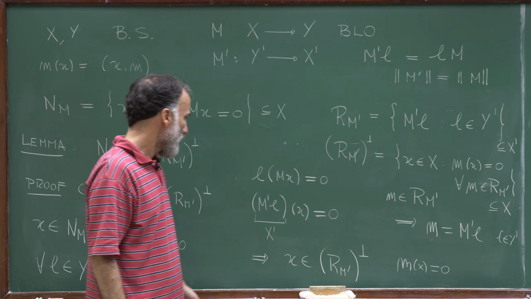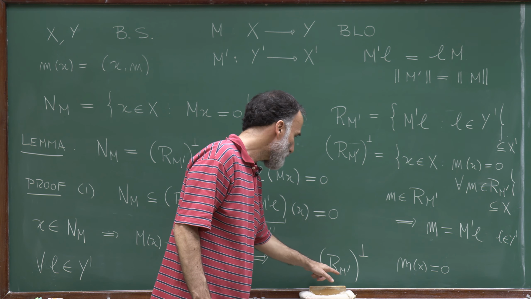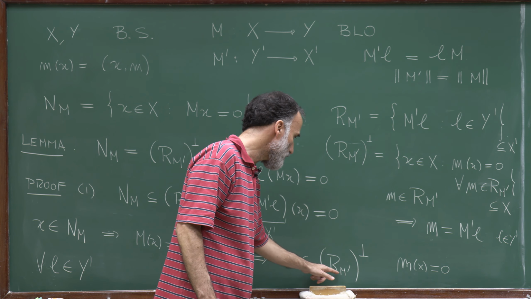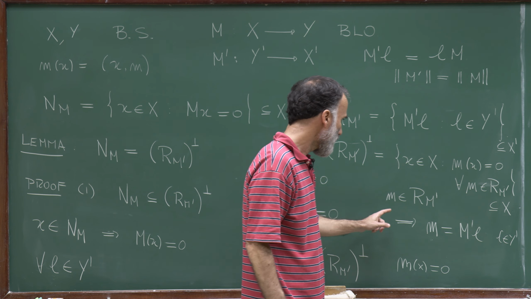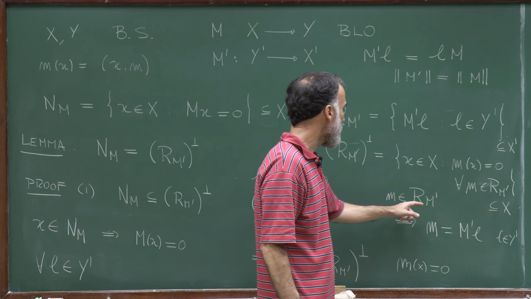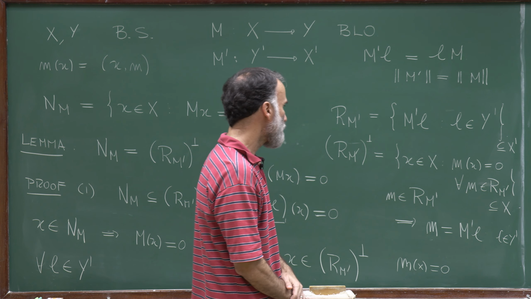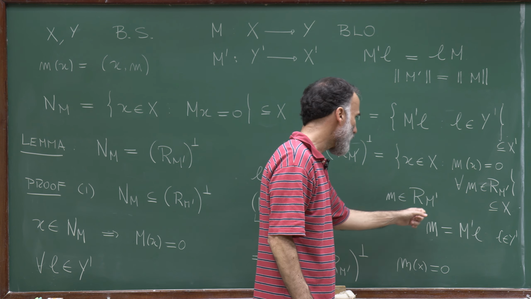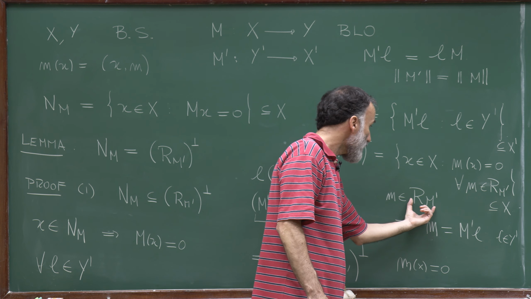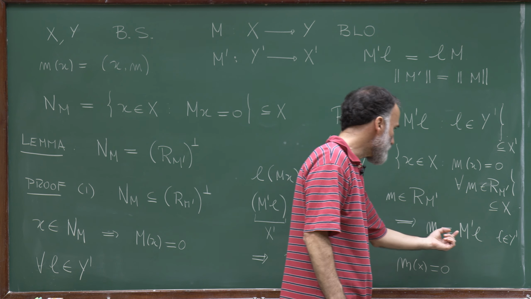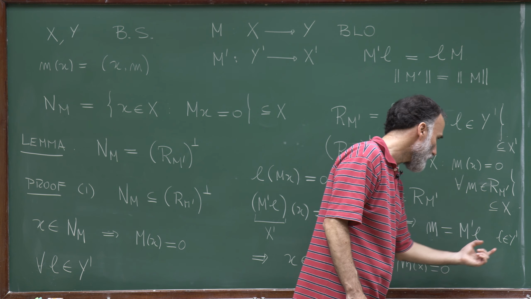Why is that true? To prove that X belongs to the perp of the range of M prime, I have to show that for all M in Rm prime, M of X is equal to 0. So take one M in Rm prime. Since it's in the range of M prime, this means that M is equal to M prime L for some L in Y prime.